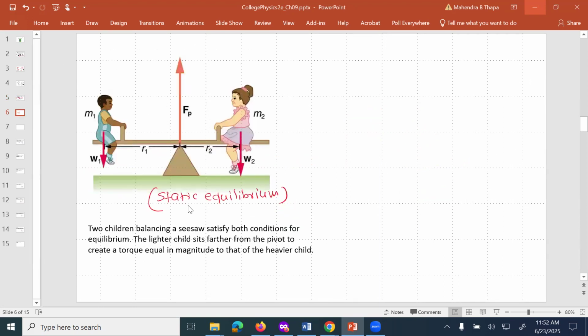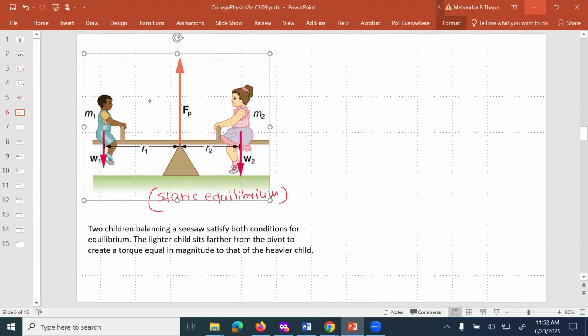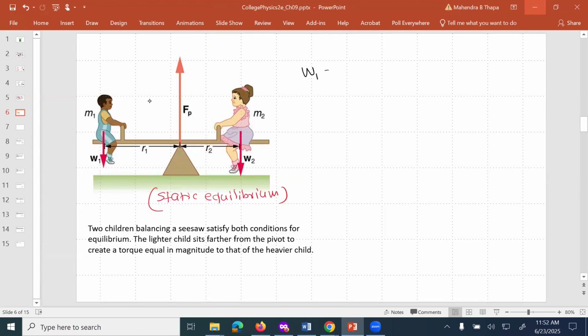This is an example of static equilibrium. So let's define the forces acting on this system. The forces acting here, from the figure, are W1, the other force is the force exerted by the pivot, and W2, the force exerted by the child of mass M2 on the seesaw.